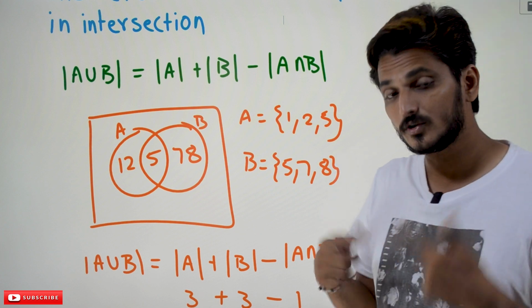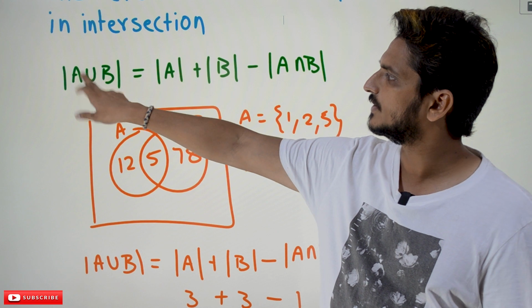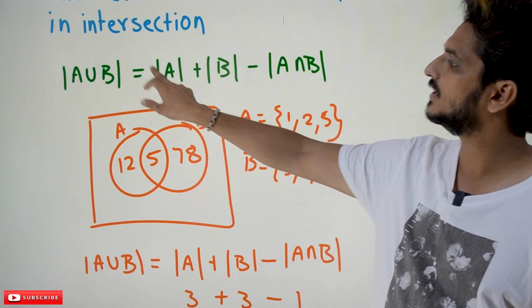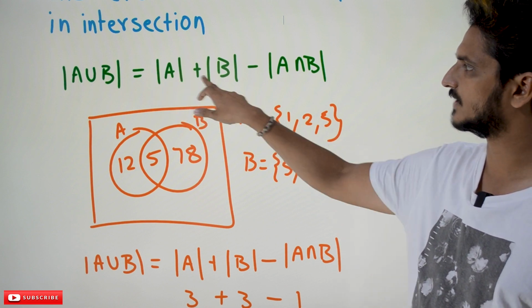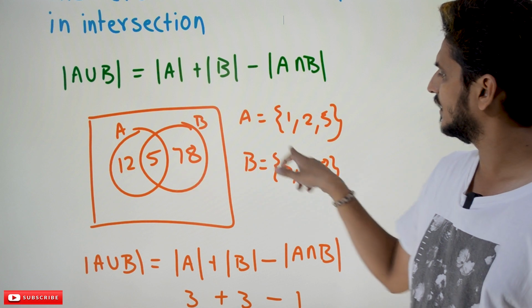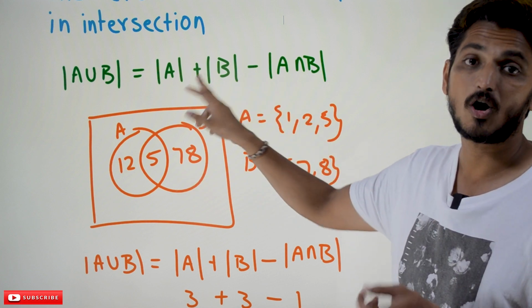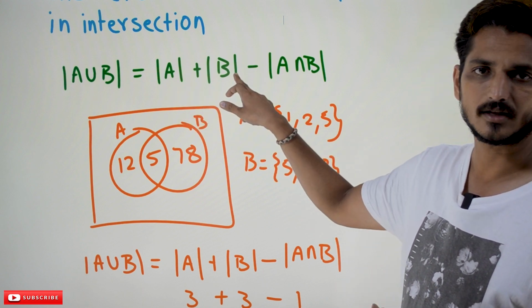So how are we going to get this equation? The number of elements in A union B is given as the number of elements in A, that is 3 elements, plus the number of elements in B, 3 elements, minus common elements, because 5 is added here and 5 is added here.